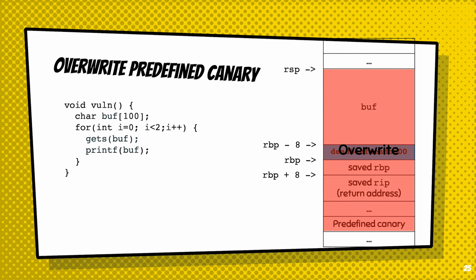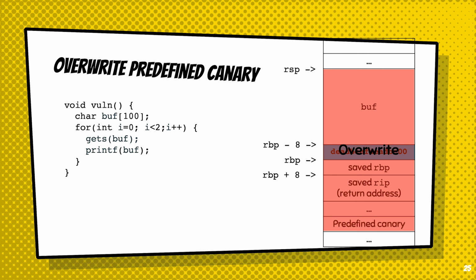Another way is to overwrite the entire predefined canary, which is stored on stack. As I mentioned, the predefined randomized value is stored in stack. So if we overwrite the buffer all the way down into the predefined canary, we can just define the canary value by ourselves and copy-paste the value onto the position of the stack that is supposed to save the stack canary in the function.